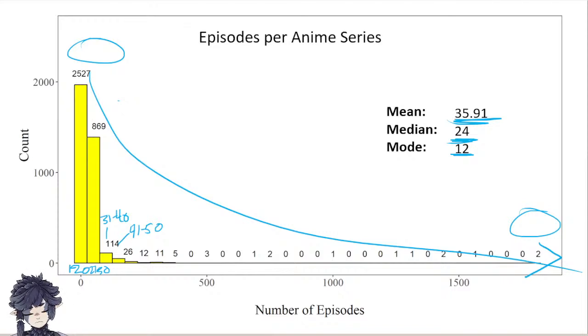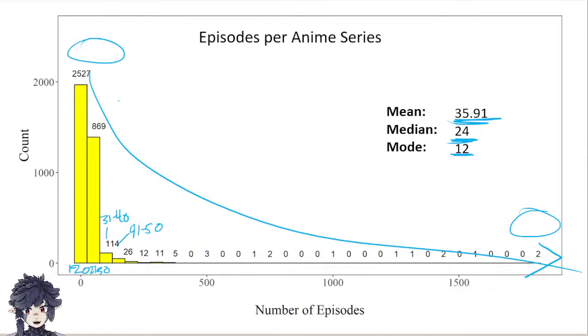If I have a friend who says they don't know if they have enough time, which do you think I'd tell them? Probably tell them the mode, right? If my friend doesn't have a lot of time, I want to make it seem like anime are pretty short, and the mode has a pretty low number. That's 12 episodes.